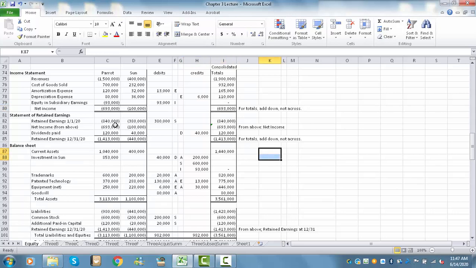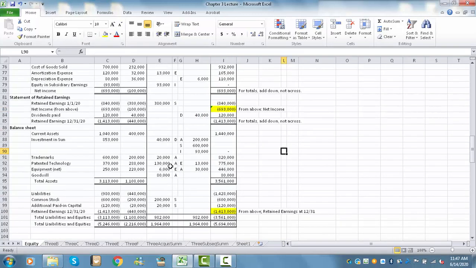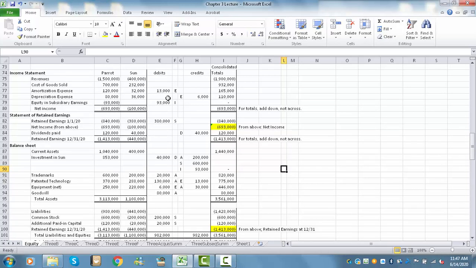All right, retained earnings across. This one. Now this is a, be careful with this. I'll tell you right now, and be careful with this. Even though we normally go across, I did make note here, from above. What happens in basic accounting? You do an income statement. You get net income.